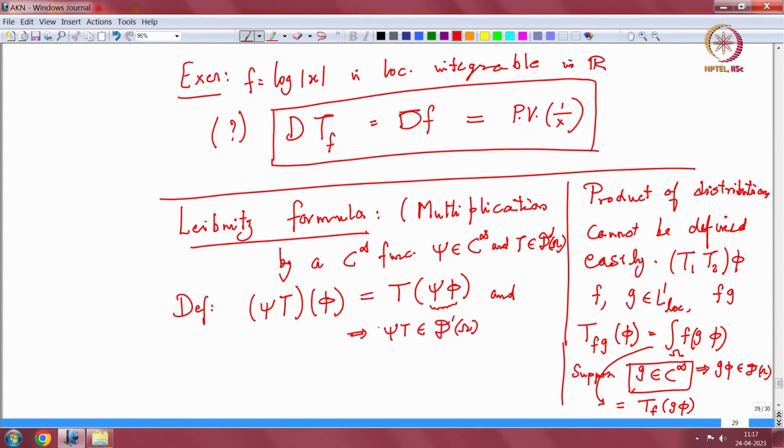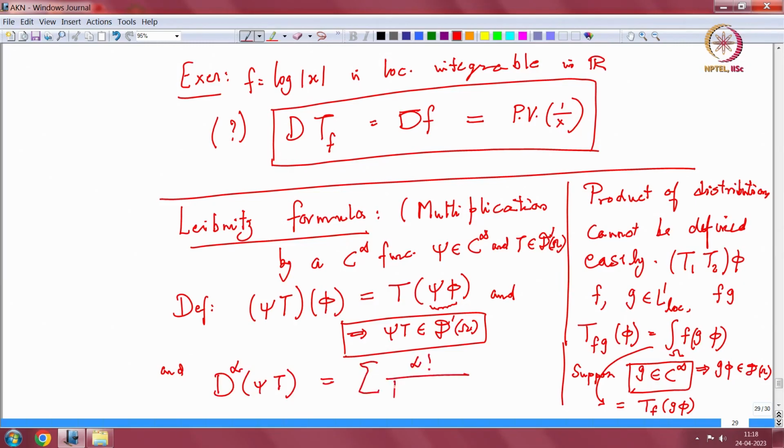So you can define it that way, and then you want to know what its derivative is. You can differentiate psi T, and the standard formula follows, with alpha factorial by beta factorial into alpha minus beta factorial.